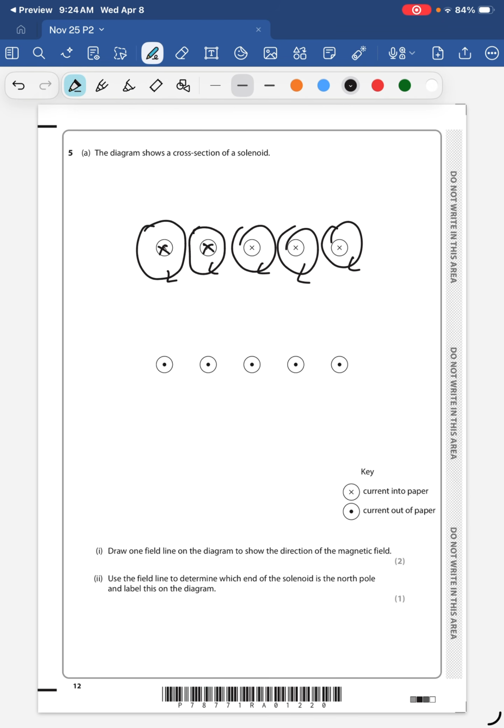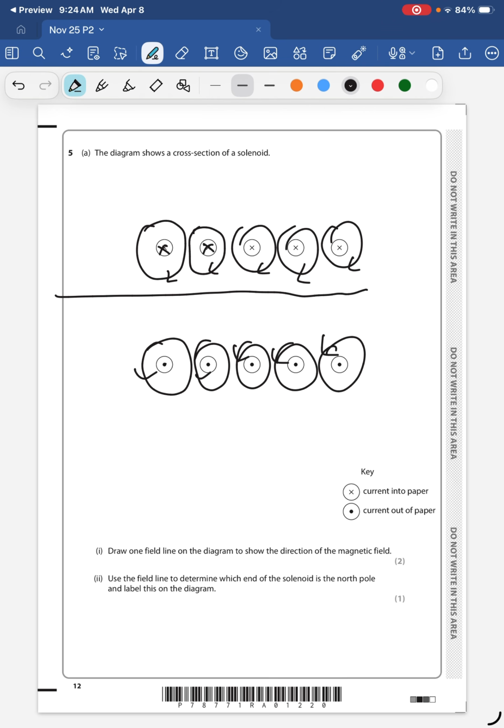And then similarly, if you make your thumb point outwards for this part where the current comes out of the page, then you will see that your thumb rotates in this direction, okay? And now, if you keep making those circles, they will meet over here and they will create a magnetic field that points out of the page.